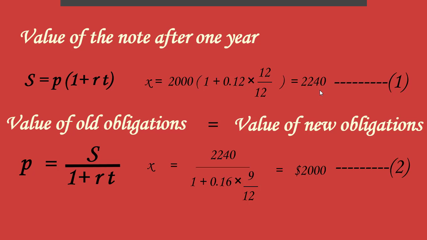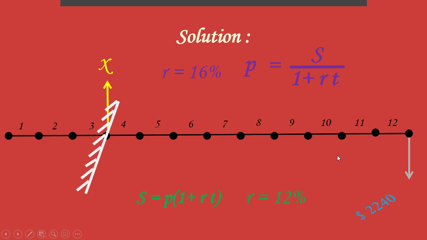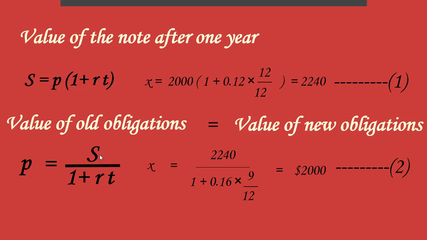Note that the T of 9 for the present value is the time from the maturity date for the note to the focal date. So B will be equal $2,000.